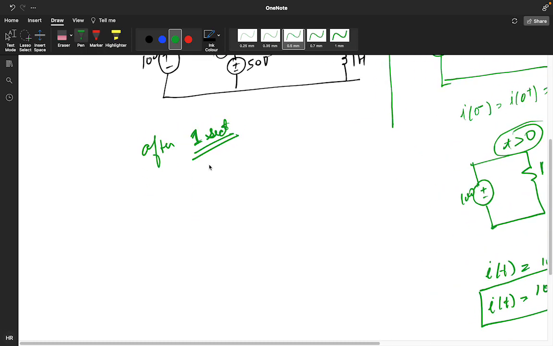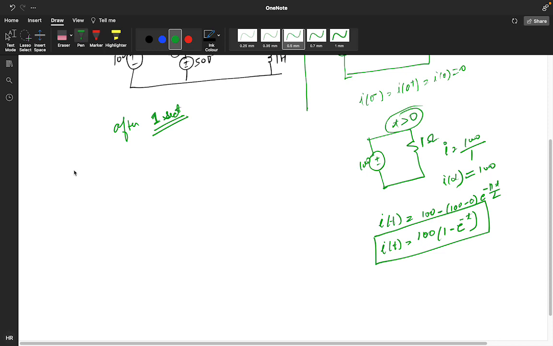So guys, I have the current equation of this: I of t is equal to 100 into 1 minus e power minus t. Put the value of t as 1. So I of 1 second will be equal to 100 into 1 minus e power minus 1.